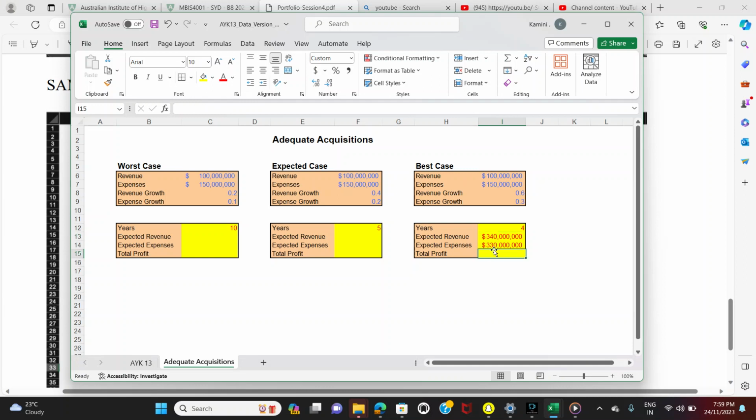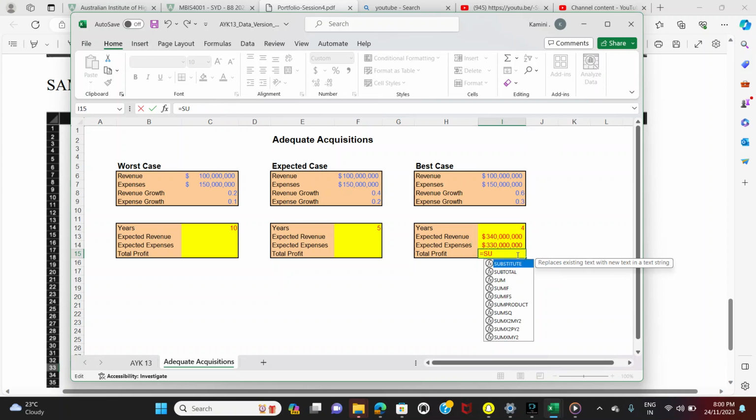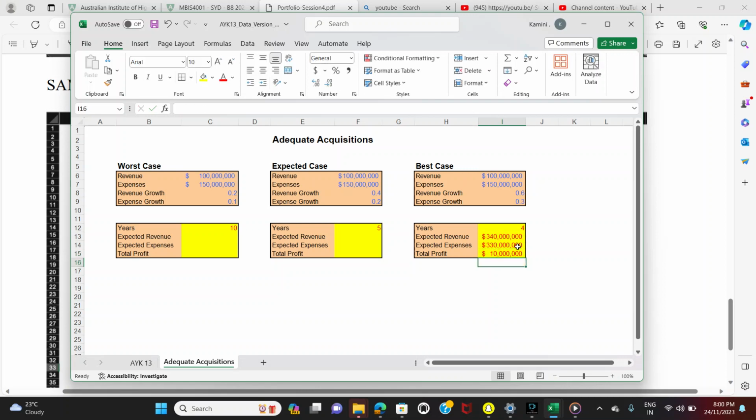Then sum, we get is equal to our total profit, then revenue minus expenses.